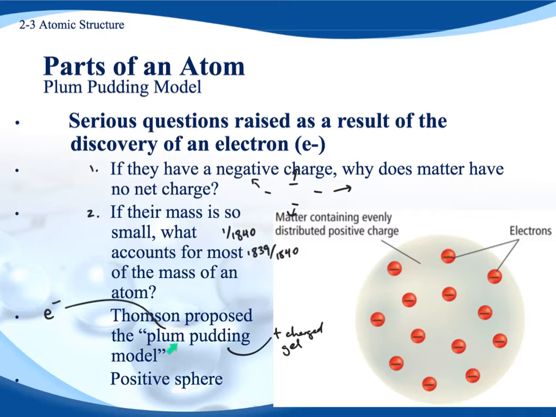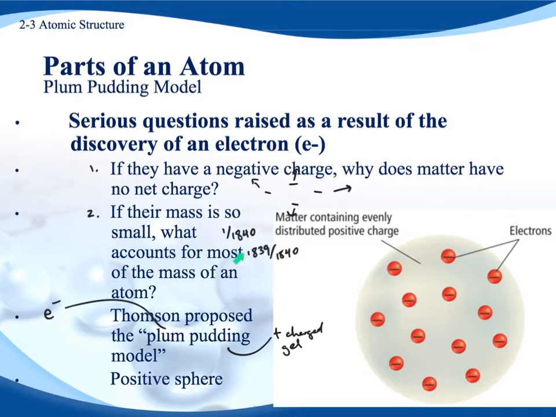By the way, if you've never had fruit pudding, you've got fruit dropped into the pudding, okay. So he's saying that these electrons in here are negatively charged. They're like the fruit, dropped into the pudding, which is just the positively charged gel that these negatively charged things are suspended in.